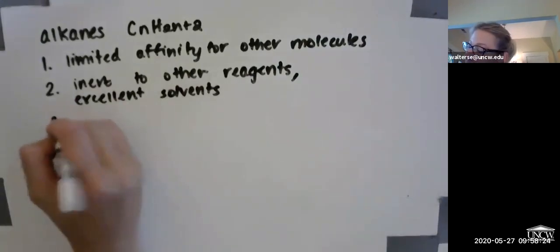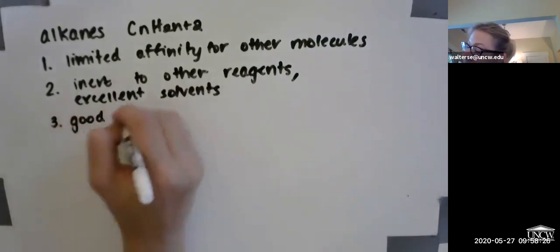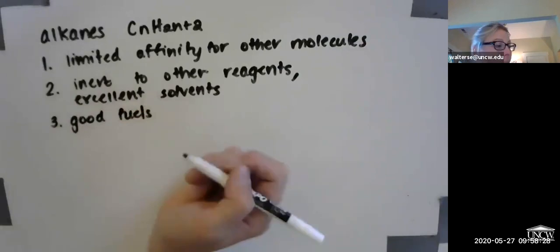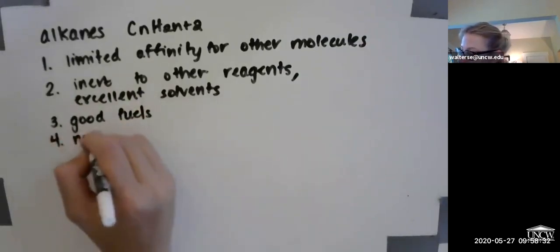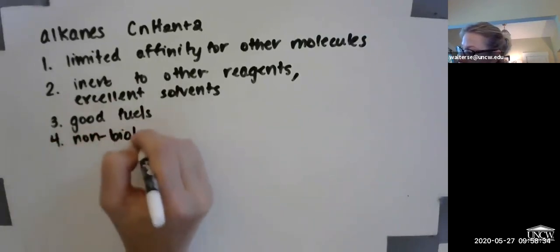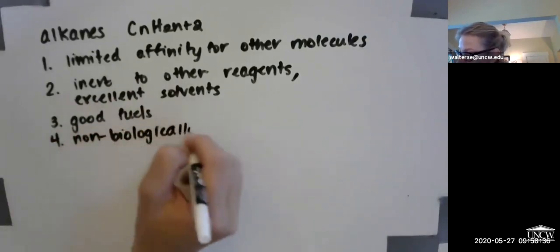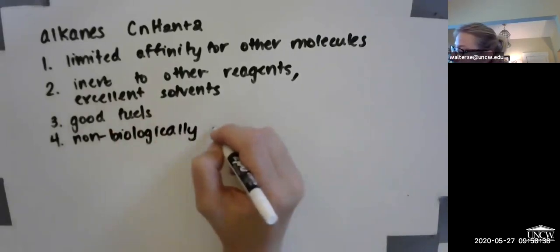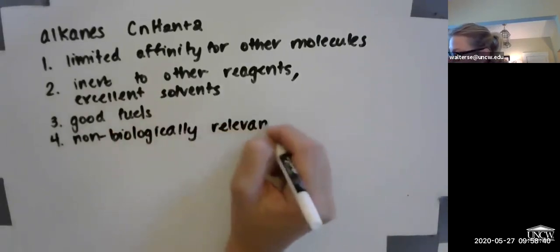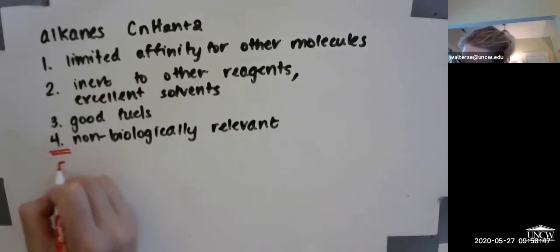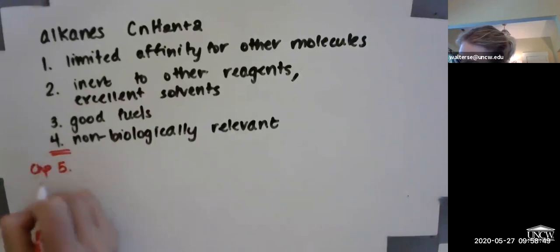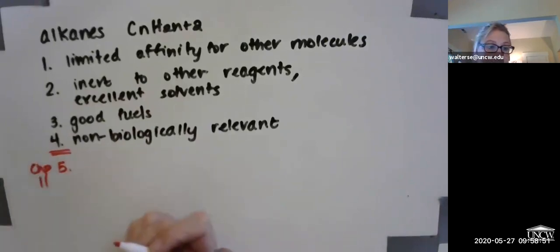Okay. They all are good fuels. They burn well. For the most part, they're non-biologically active or relevant. They don't participate in many things. The only thing that they do that's chemically interesting, we're going to come back to in chapter 11.